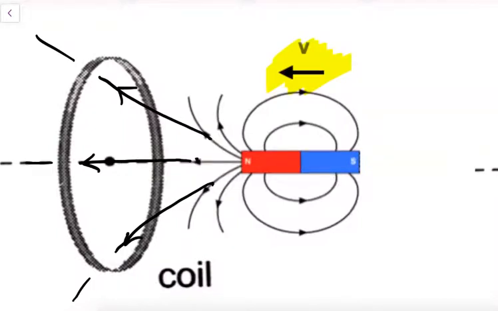And because it's actually moving towards the coil, then you have positive field lines entering, so that's like a positive and a positive. So we have to decide which direction of field lines oppose that double positive. Well, double positive is adding, right? So we need to subtract some field lines. The way to do that is create opposing field lines. So we need to create rightward facing field lines.